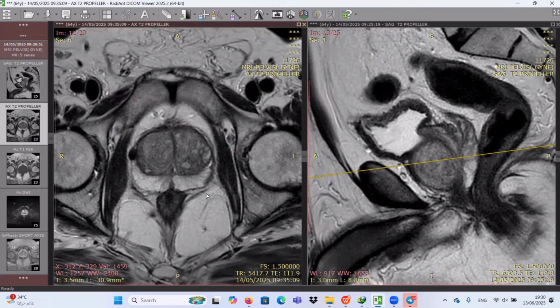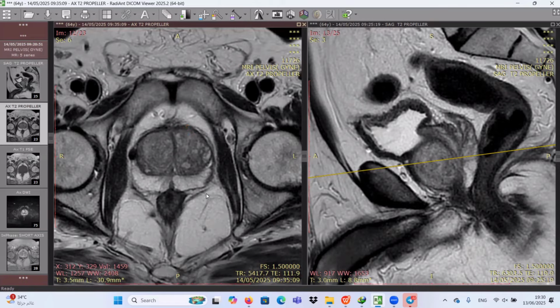So how can we differentiate a low signal intensity lesion within the dark signal intensity of the fibromuscular stroma? This is the role of the diffusion weighted image and the dynamic contrast study. We will discuss this one in the next vignette, inshallah.